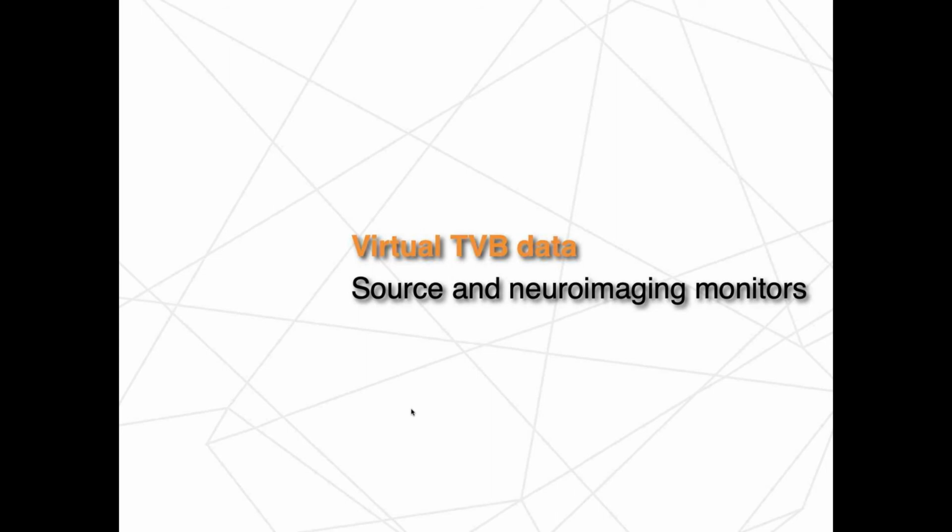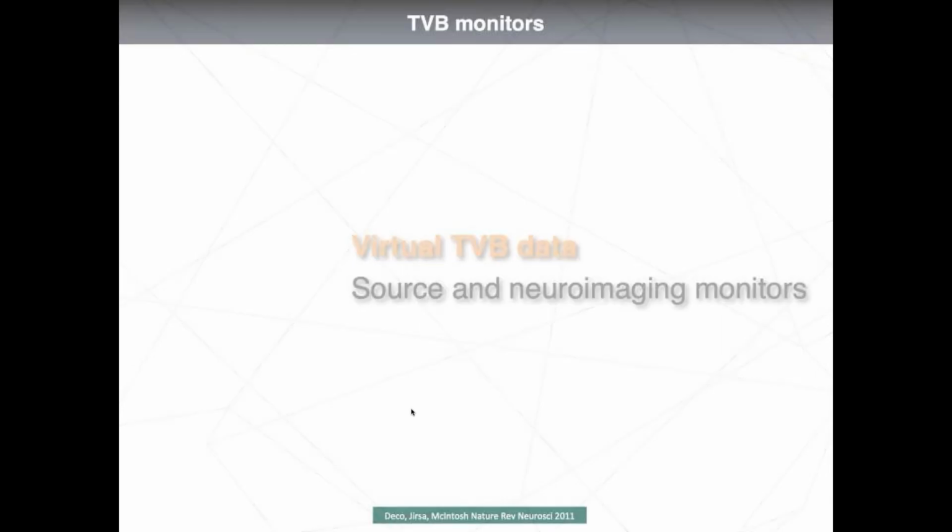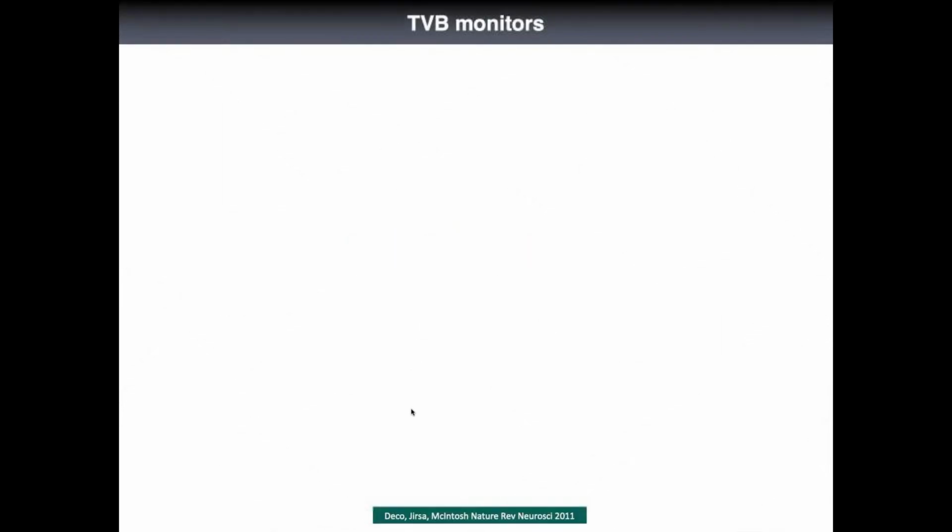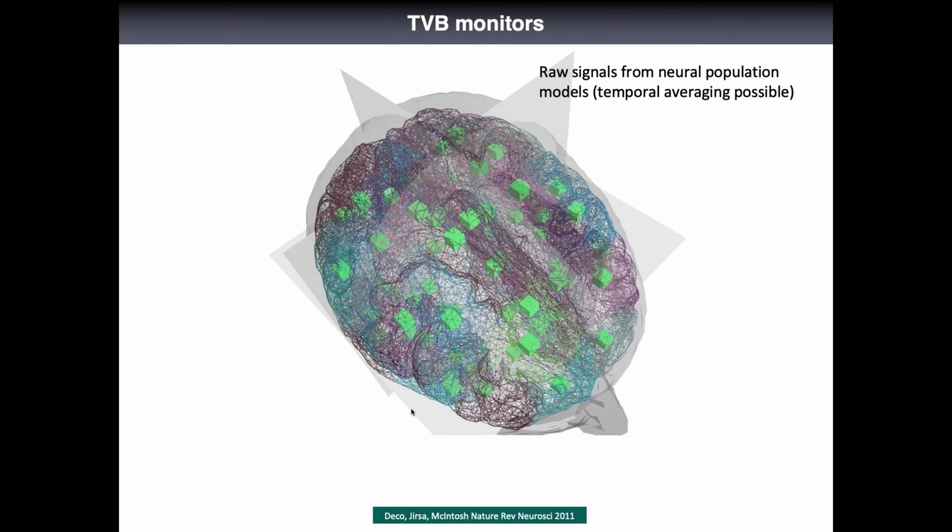Then one has to choose the measures one wants to have over the virtual brain activity. This happens through so-called monitors that can observe the state of the brain. The simplest monitor is the one that just tracks the state variables of its neuronal population.